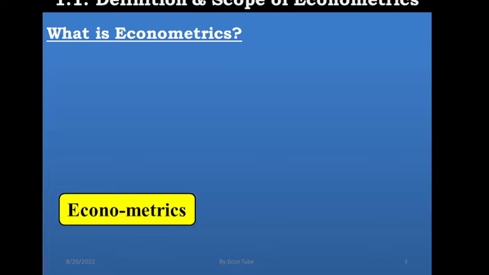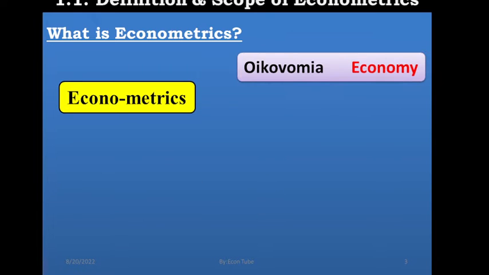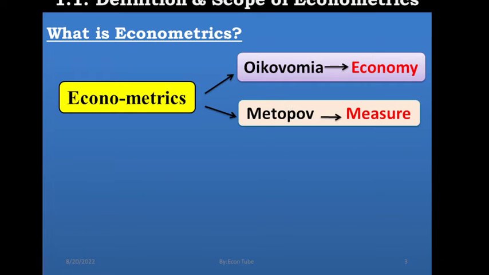1.1 Definition and the scope. What is econometrics? Econometrics comes from a Greek word, which is split into oikonomia, which means economy, and metron, which means measure.